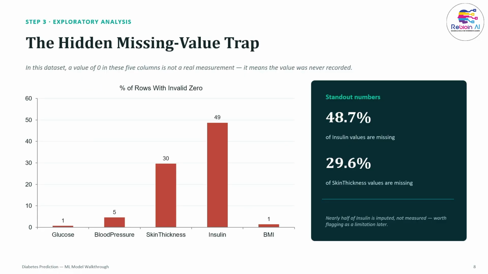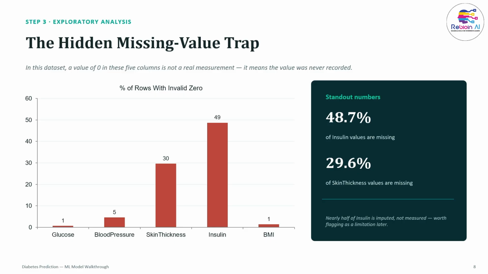Now, let's quantify that 0 problem we spotted earlier. In this data set, a value of 0 in glucose, blood pressure, skin thickness, insulin, or BMI isn't a real measurement. It means the value was simply never recorded, right?